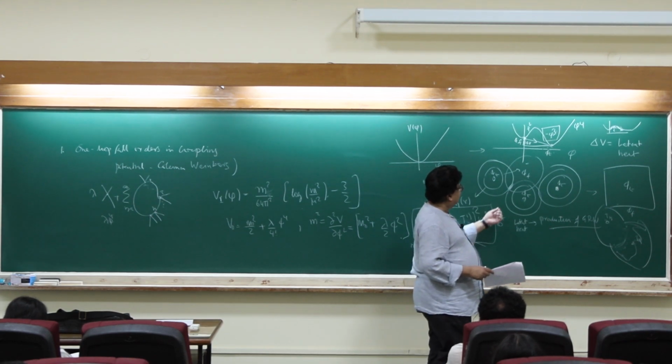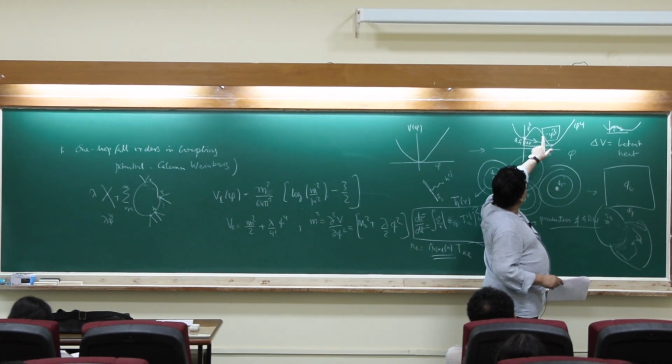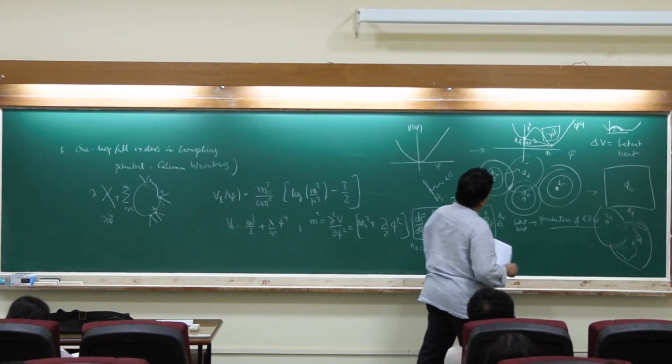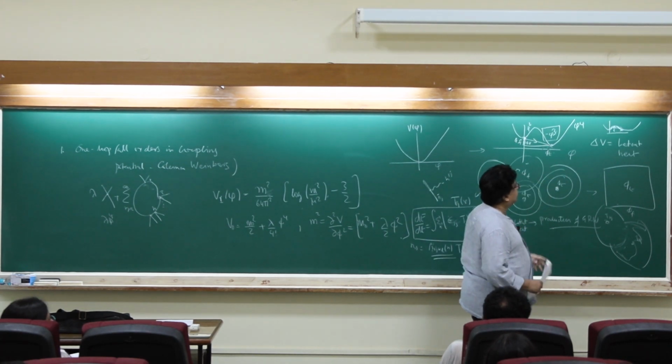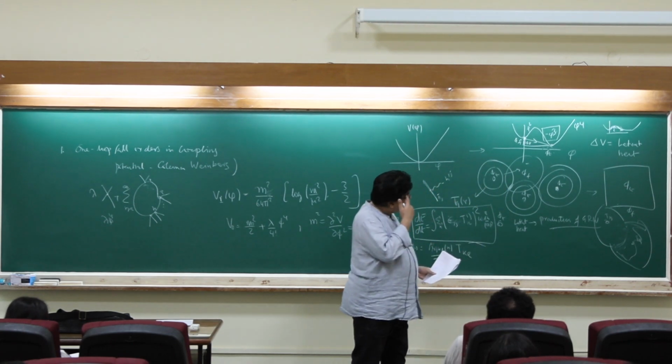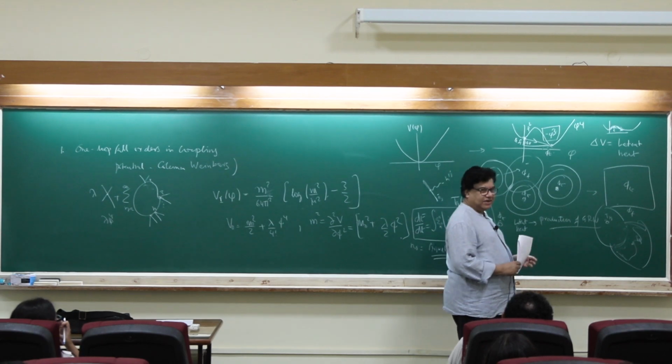But now the main interest is that you have to show theories in which you have this barrier, and you have this hump, and you have a tunneling, and you have this first order phase transition which will release a lot of energy.